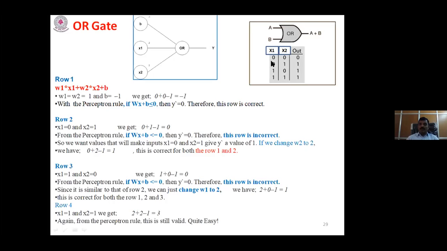My input is 0, 1. If I change W1, multiplying by 0 gives 0 only. So there is no importance for W1. X2 is 1, so W2 multiplied by 1 equals W2 only. So it is playing the major role, and that is why I'm readjusting W2 rather than W1.